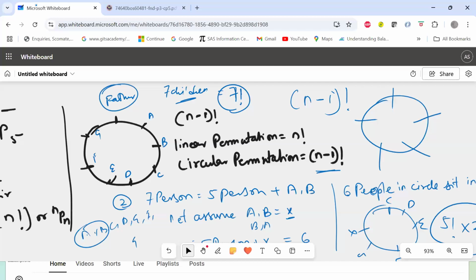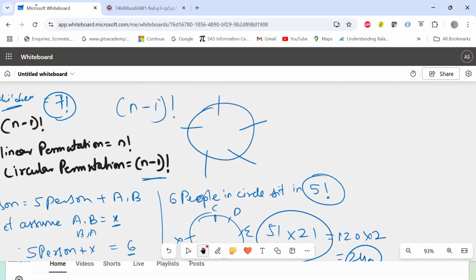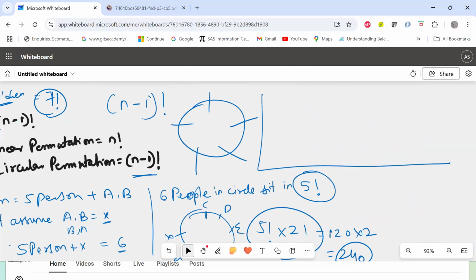In cases like a necklace kind of problem, clockwise or anti-clockwise does not matter. So the number of ways you can arrange flowers in a garland or beads in a necklace would be n minus 1 factorial by 2.